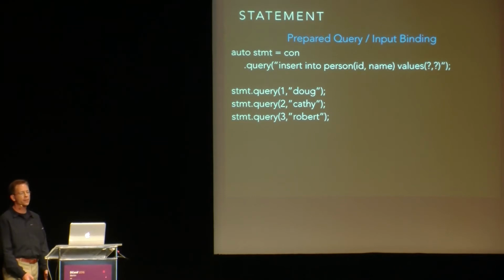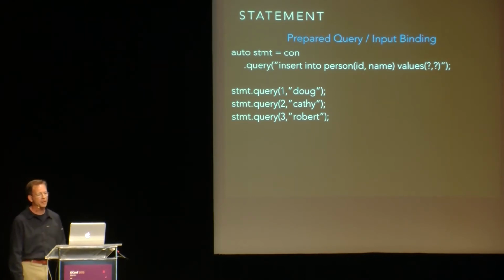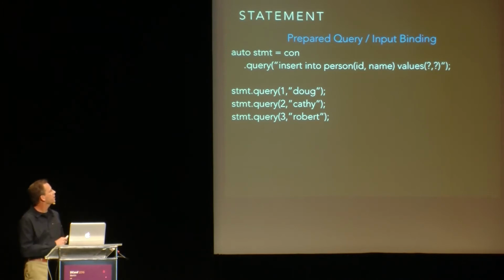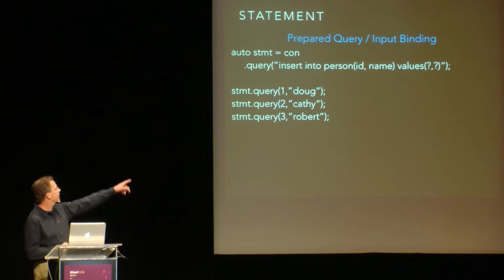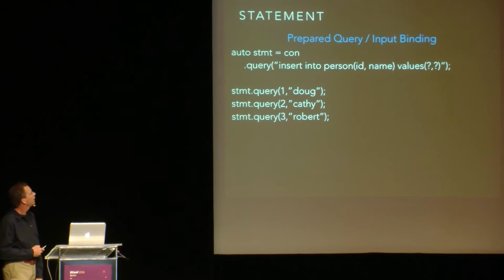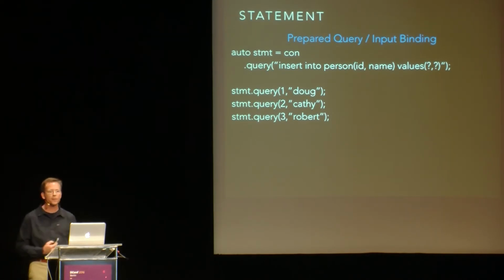Instead, you send it once to the server, and it has a context for that prepared query, and then you repeatedly issue this form of a query, which doesn't include the SQL, but just includes the parameters that are bound to that query. So the two question marks will correspond to the list of arguments here. So that's one of the important reasons why there's a statement object, is so that you have access to that capability.